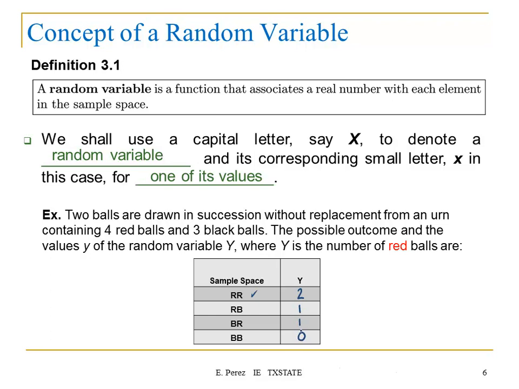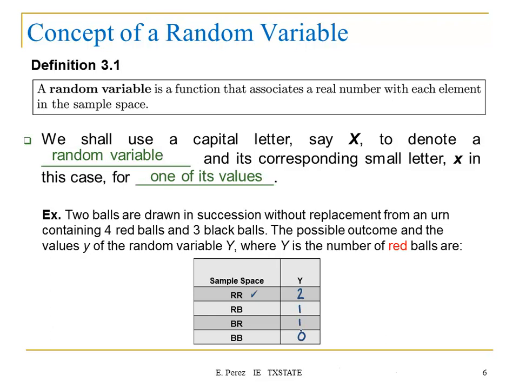And this is the same thing we did for the defective and non-defective example. We know what the sample space is. You're taking 2 balls at a time, and these are the possible combinations that you can have. You can assign values based on your random variable. In this case, our random variable is Y, which is the number of red balls.